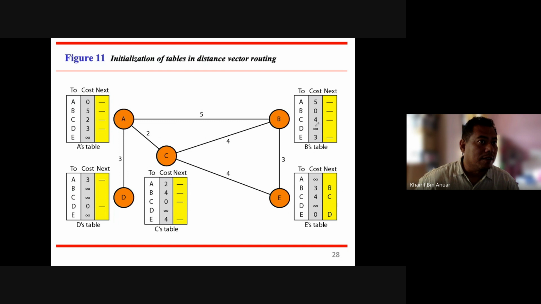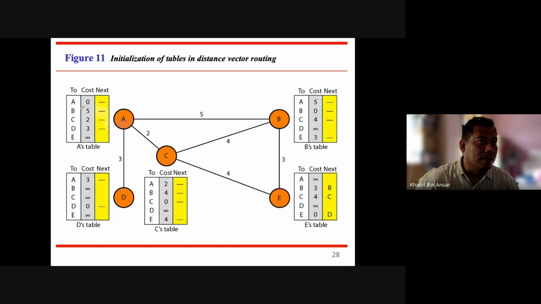The next diagram shows how this routing table converges. Initially it will have this information, because it will only know where to route with respect to the next network or the next router that it has.